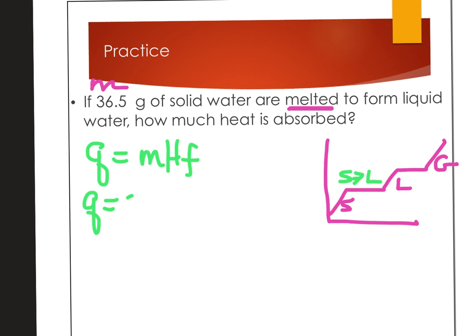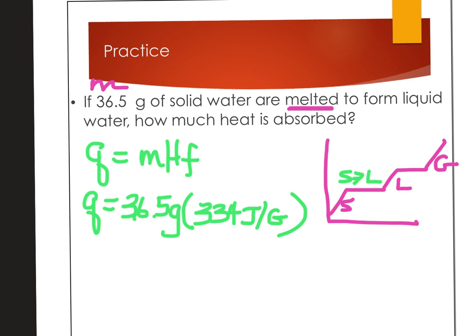So Q equals 36.5 grams times HF, heat of fusion, which is 334 joules per gram. My grams are going to cancel, and I get Q equals 12,191 joules.